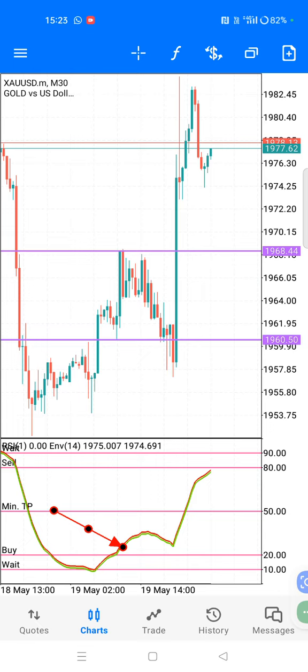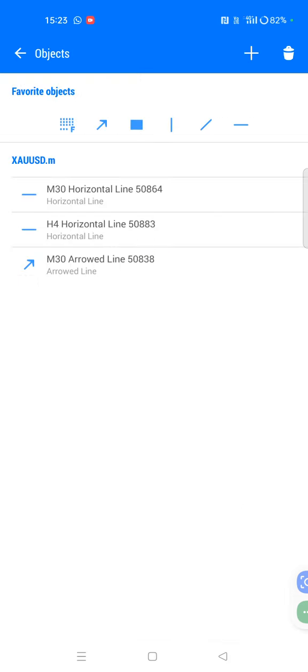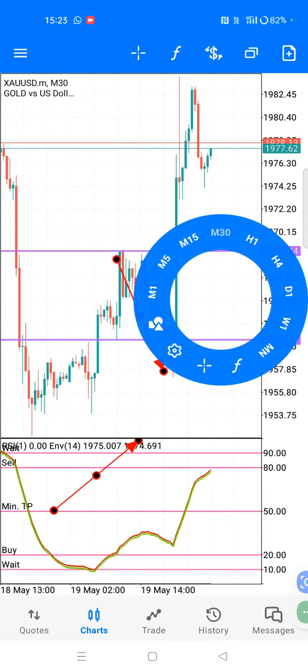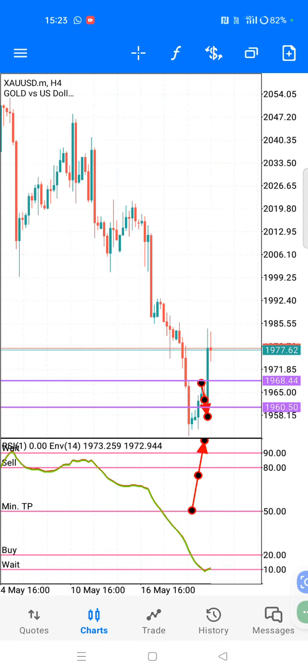Yes, it did go to your stop loss. So I took the trade here and it went to my stop loss. But then it went up. So you guys try to figure out. To me, this is what I will do. This is how I take my trade, where I put my stop loss.